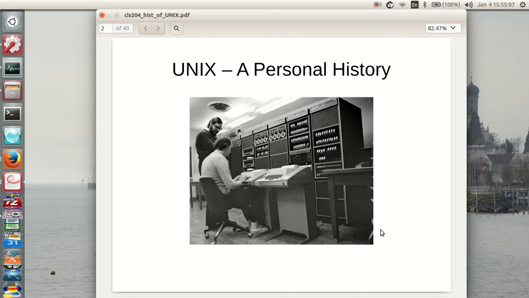So, this is an interesting picture. Bell Laboratories. There are 2 gentlemen in the picture, and I use the term gentleman loosely. You'll notice the big machine. That is a Digital Equipment Corporation DEC PDP-11. The gentleman sitting down is Ken Thompson, and he's got his hands on a TTY-35, Teletype Corporation.